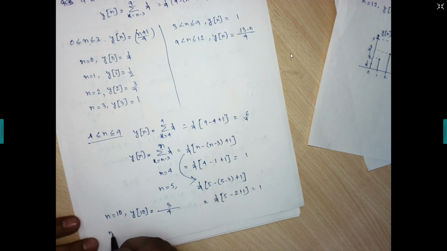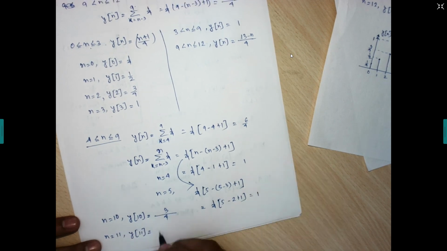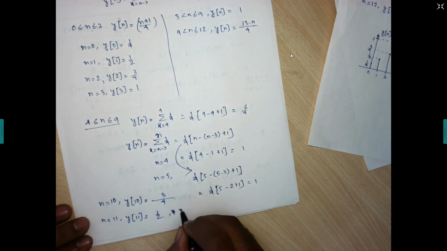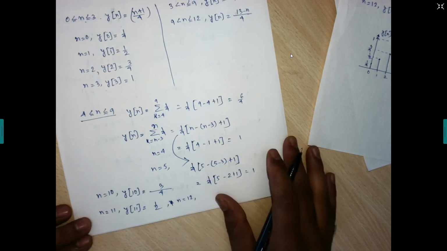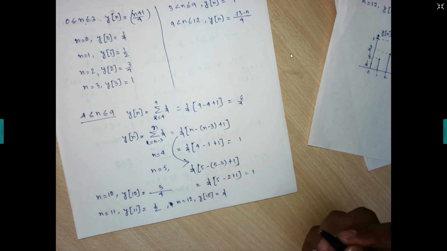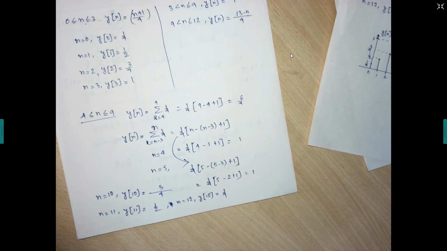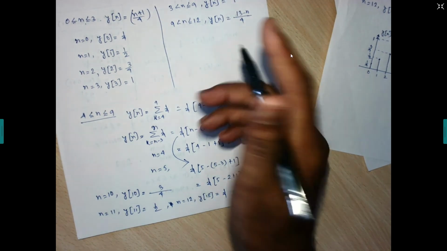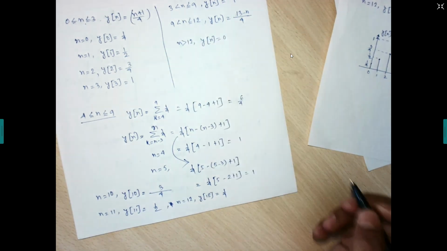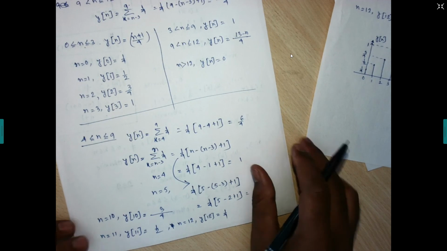If you go for n equals 11, y of 11 is half, right? Then n equals 12 results in y of 12 equals 1 by 4. Clear? This is the way we can find it. And if we go beyond n greater than 12, all of y[n] is completely 0. Clear? Fine? Still any doubt?